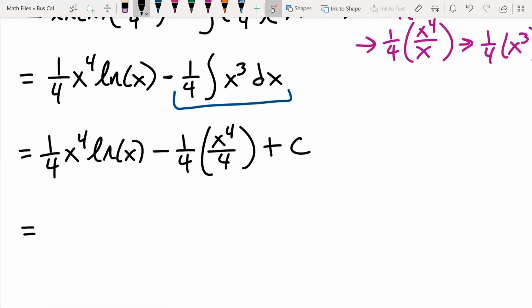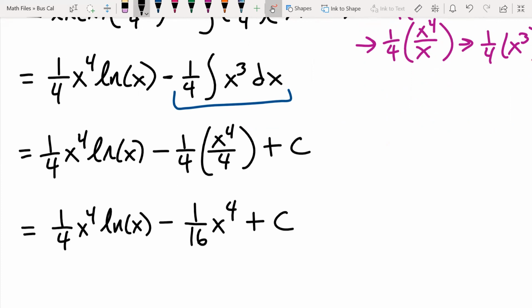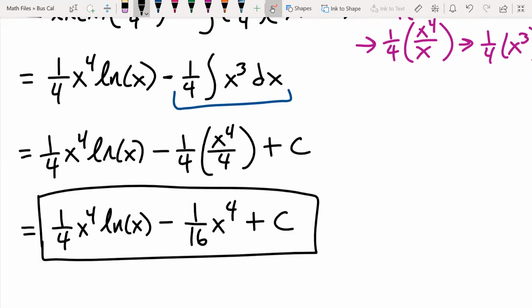And one last cleanup, 1/4 x to the 4th natural log x minus 1 over 16 x to the 4th plus c. Done and done.